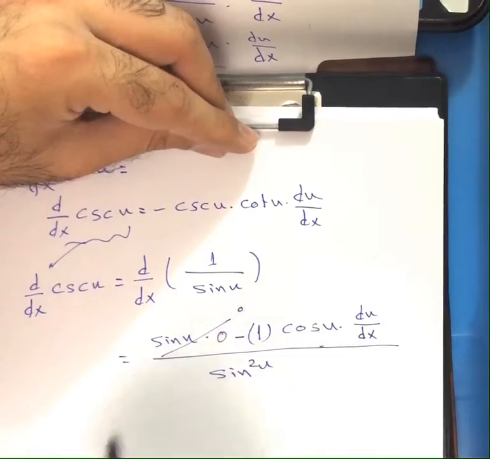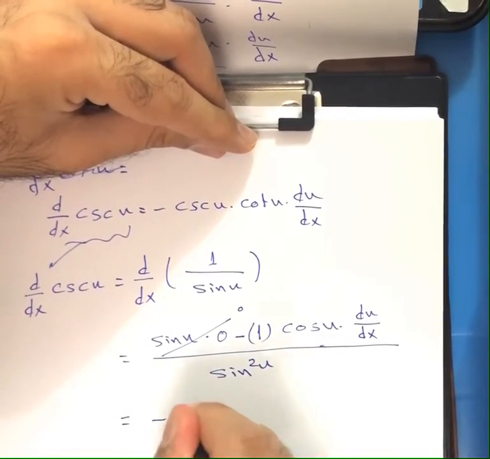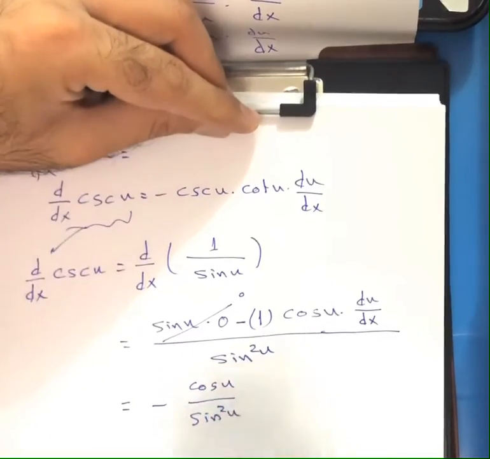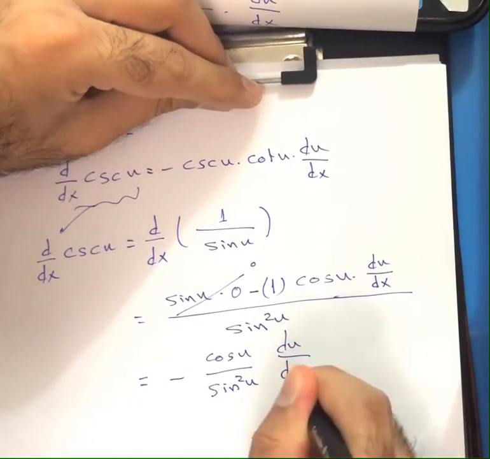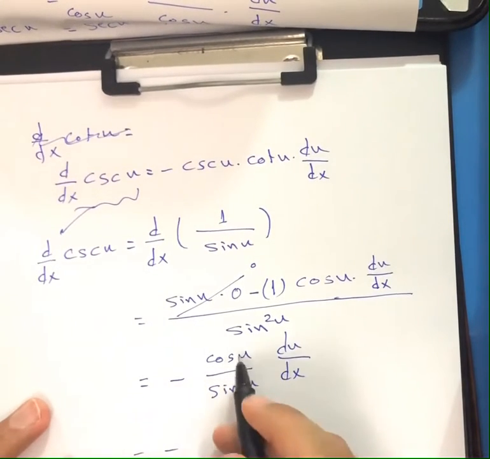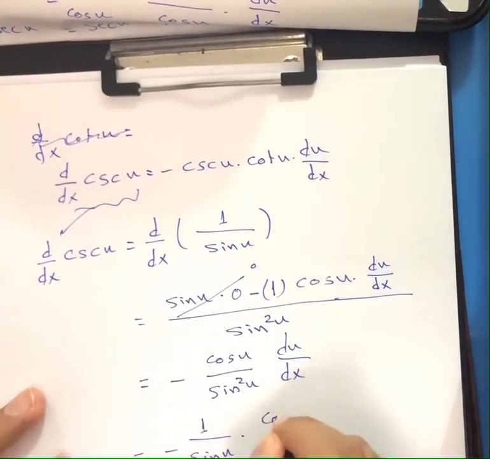So that this term will be 0, and this can be written like this: minus cosine u divided by sine square u, du by dx. Now I can write cosine u divided by sine square u like this. This will be 1 over sine u, and this will be cosine u.